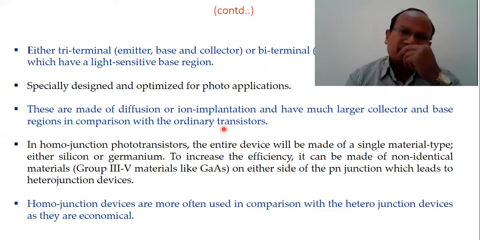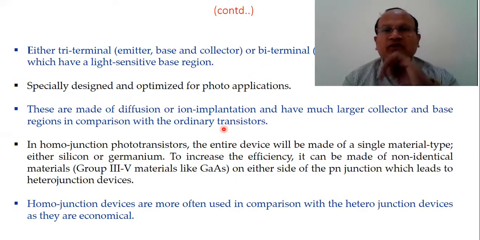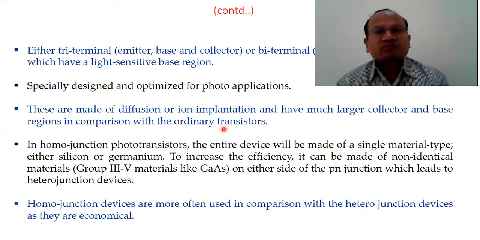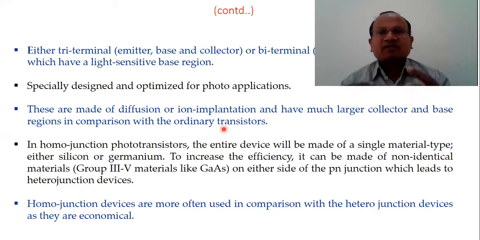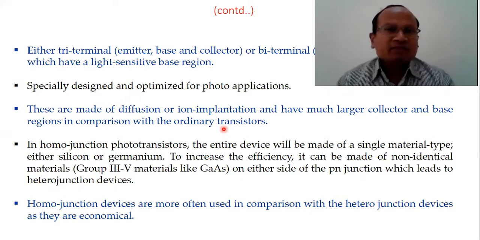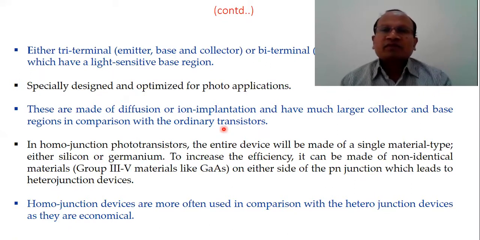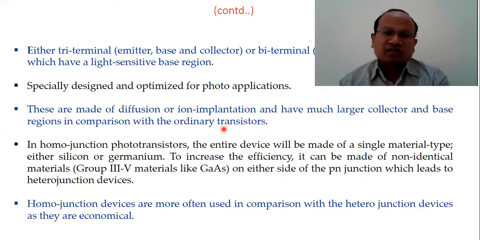Here also it will be largest, but base region is very thin in ordinary transistor. But phototransistor base width also becomes large. The reason is the base region is exposed to light. If more amount of light is incident on the surface, the impact, the development of electric field and then recombination of electron hole pairs would be more intense if the region is wider.